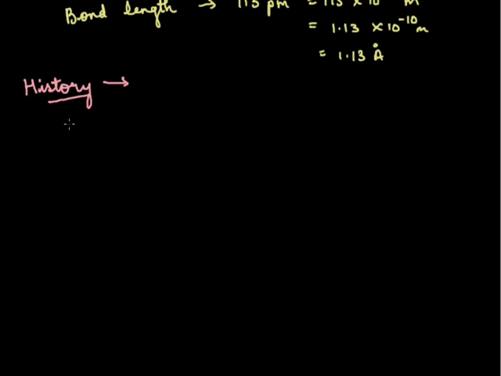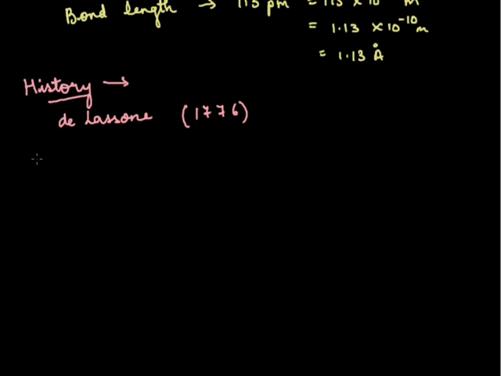Now the first person to recognize this gas was Lassone. In 1776, he said that when zinc oxide was heated with charcoal or coke, a gas was produced which was blue in color.